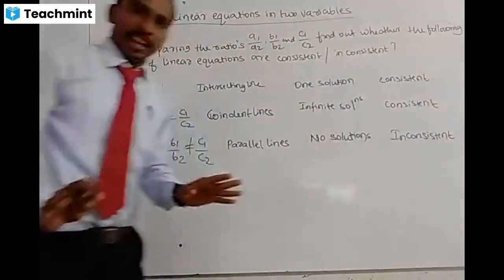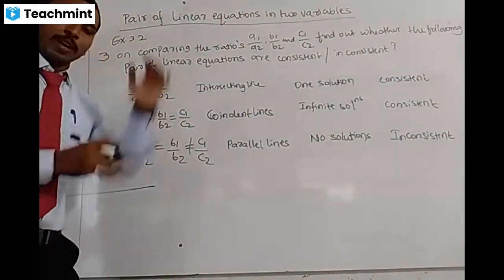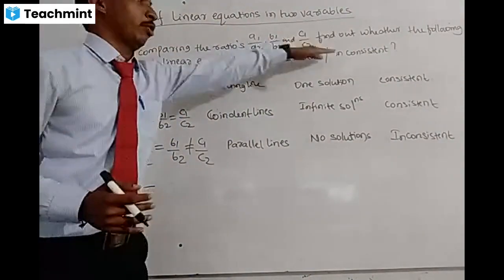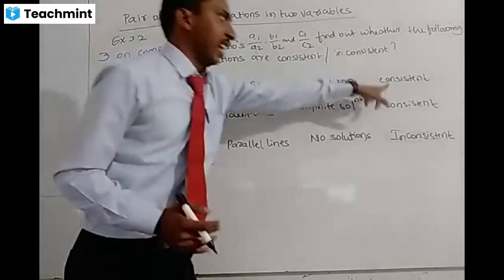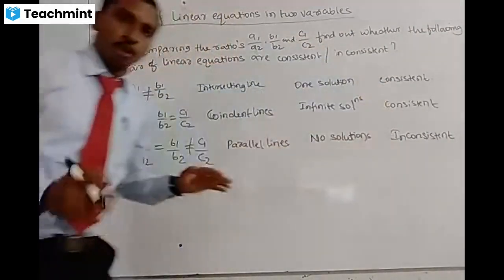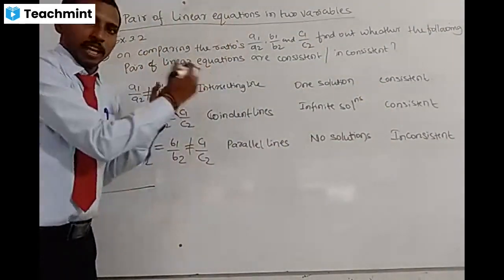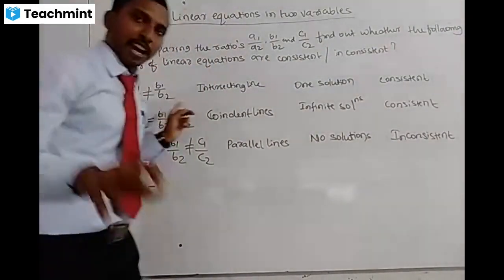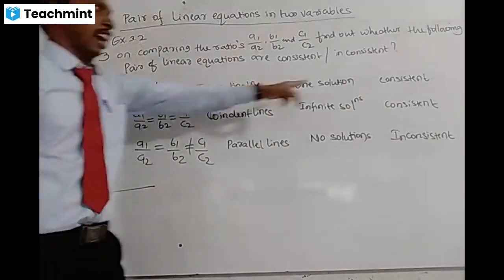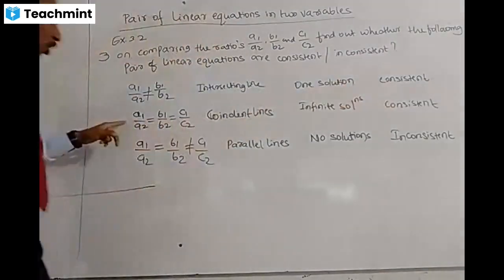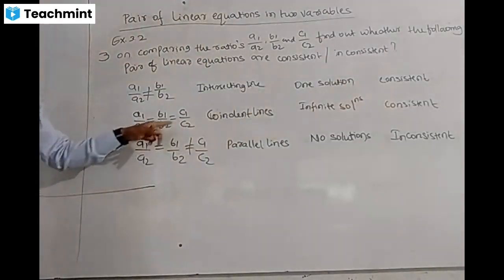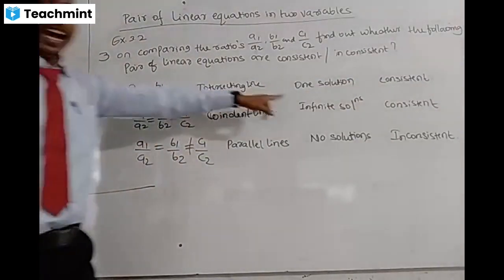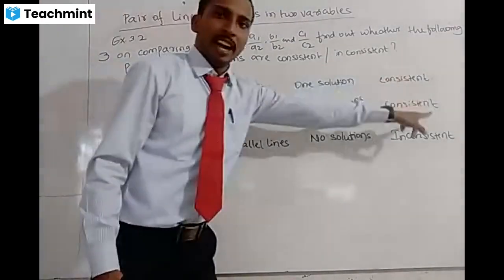Now the only thing is to know whether the given pair of linear equations, on comparing A1 by A2, B1 by B2, C1 by C2, is consistent or inconsistent. We need to compare the ratios. If A1 by A2 is not equal to B1 by B2, the pair of equations is consistent. If A1 by A2 equals B1 by B2 equals C1 by C2, the lines are coincident; they have many solutions and are consistent.